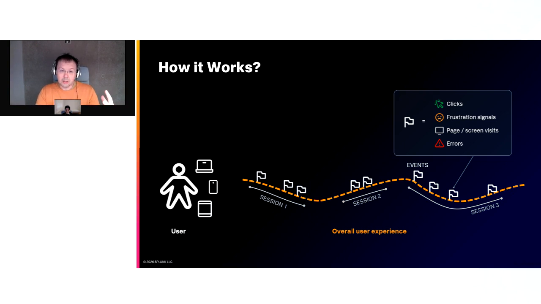Every click, every frustration signal, like a rage click when someone clicks repeatedly on the same element, every page I visited, or screens on mobile devices, or other important signals like errors and crashes. Everything is auto captured and put in one big heap.